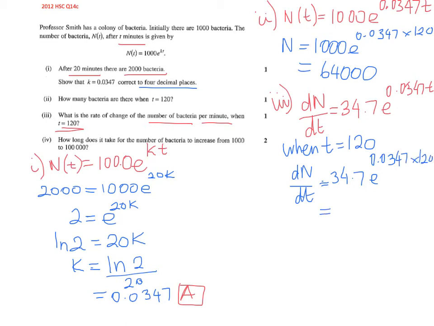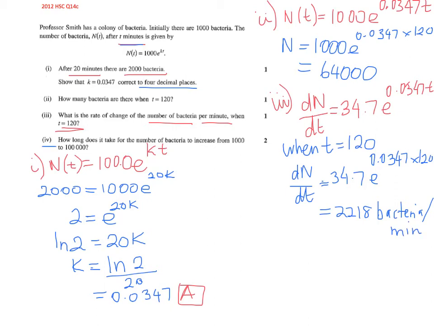So you will get 2,218 bacteria. T is in minutes, so that's going to be bacteria per minute.